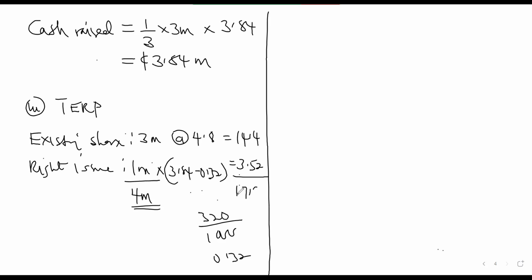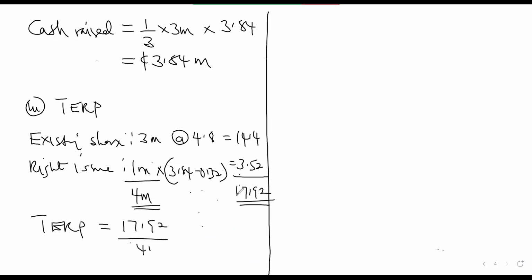Yes, 17.92. All right. So what will be the theoretical XY price? It's just the total market value over the total number of shares, 17.92 divided by 4 million. We are getting 4.48.